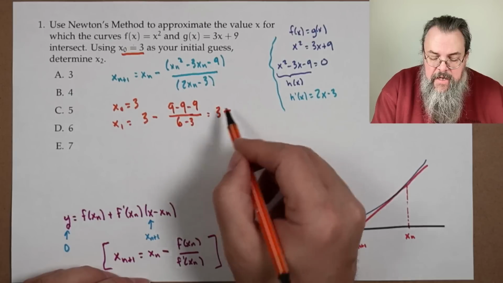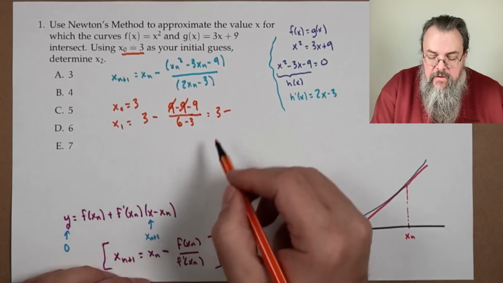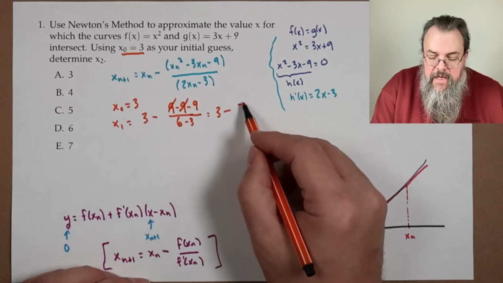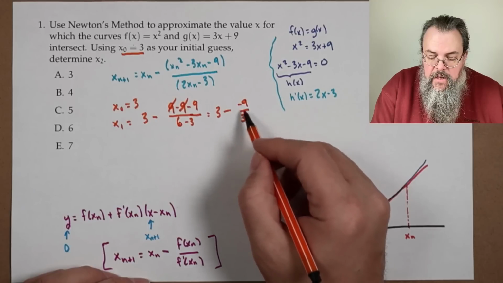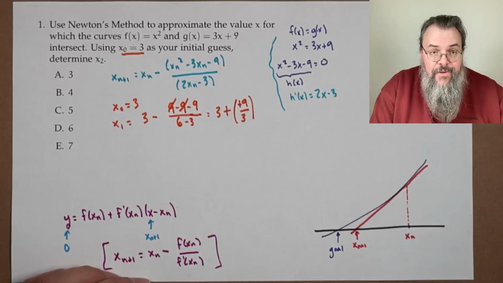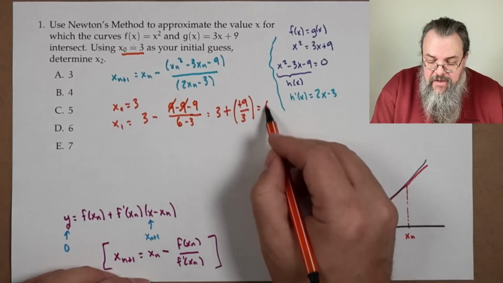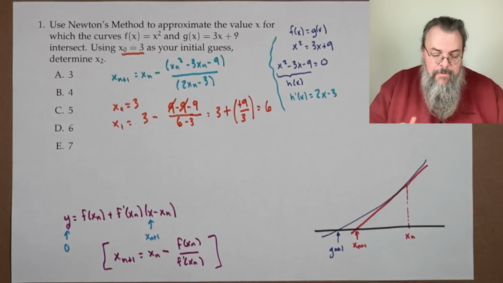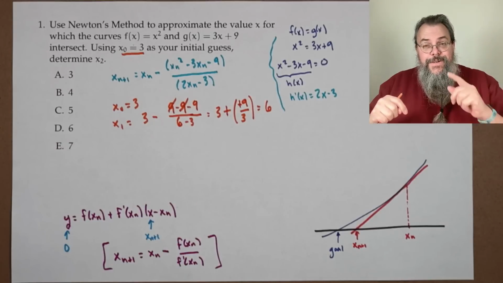So that's 3 minus, those cancel. So we really have minus 9 over 3, or that's 3 plus 3, which is 6. And so we're like, yes, 6. That's one of our answers.